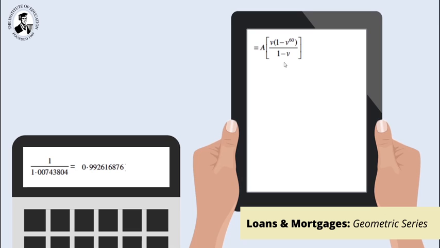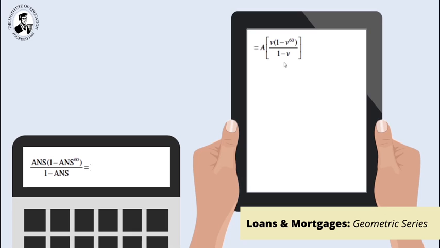We can now calculate the value of the bracket using the answer memory on the calculator. Press fraction, answer, bracket, 1 minus answer to the power of 60. Close the bracket, then scroll to the bottom line and press 1 minus answer.